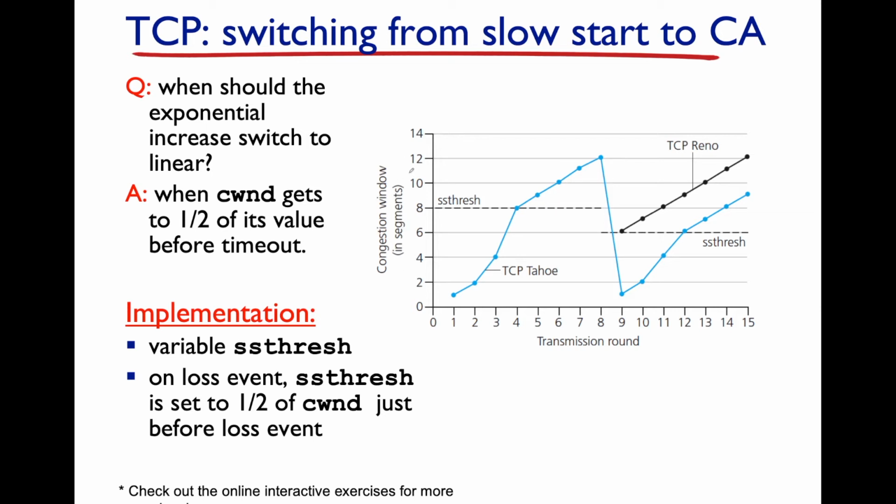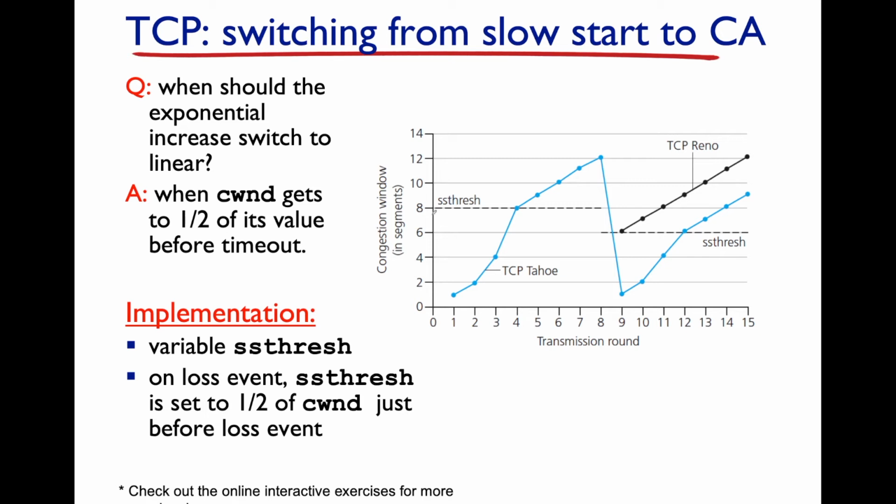And on the vertical axis, we have the congestion window, which is measured in number of segments in this graph. We have this blue line, that's TCP Tahoe, and this black line is TCP Reno. Again, to jog your memory, TCP Tahoe starts from scratch again, 1 MSS, when it gets the loss event. TCP Reno starts from some threshold that it backed off at and gingerly approaches linearly, 1 MSS at a time, instead of this exponential increase, this successive doubling.